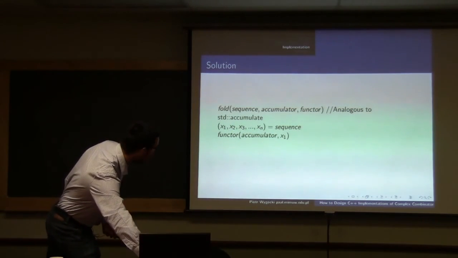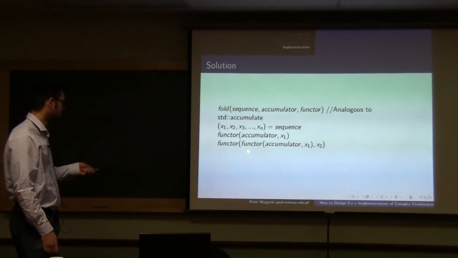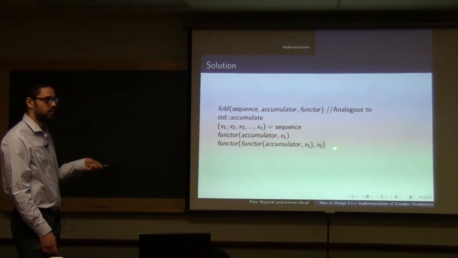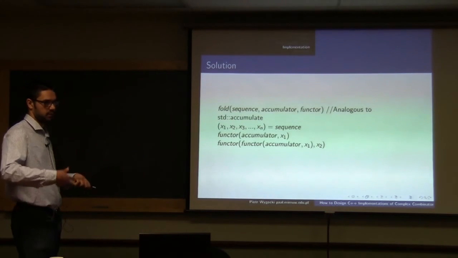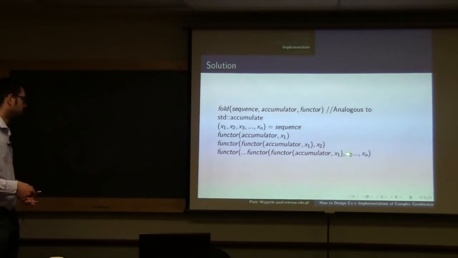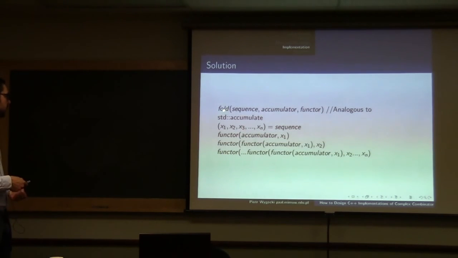We use this new accumulator and run our functor with it and the second element of the sequence, and we just iterate this. And the last accumulator is the result of our fold.